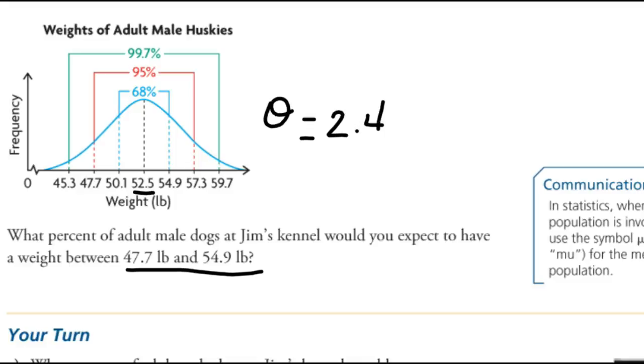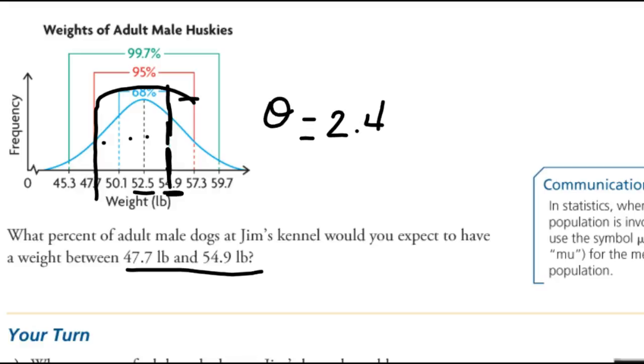And then the question was, what is the percent of male dogs between 47.7 pounds and 54.9 pounds? So here's 47.7 and here's 54.9. So you need to add the percents up, which is between that area. If you look in your bell curve, because mine doesn't have the percents, this was 34% right here, this was 34%, and then this was 13.5.